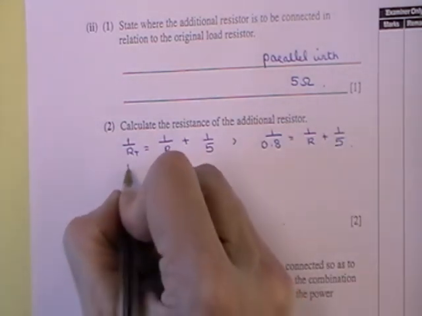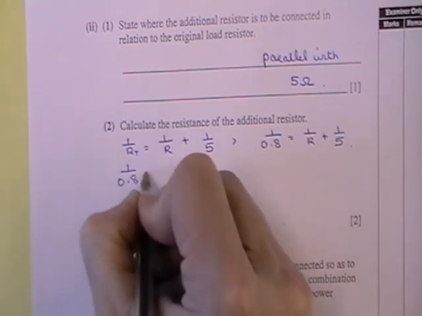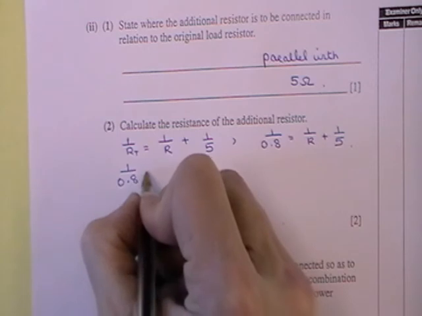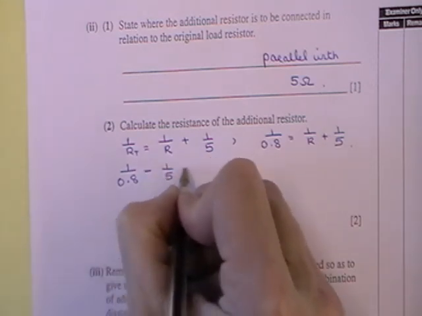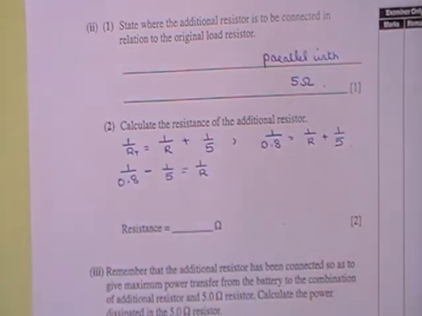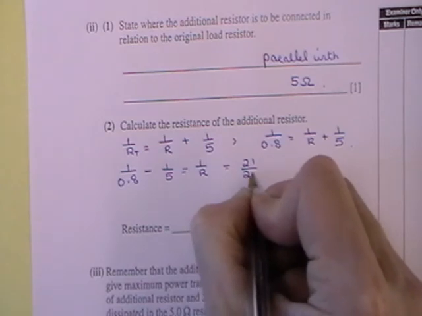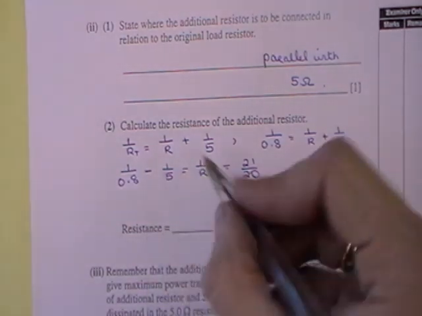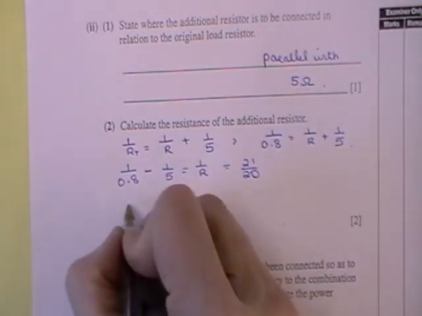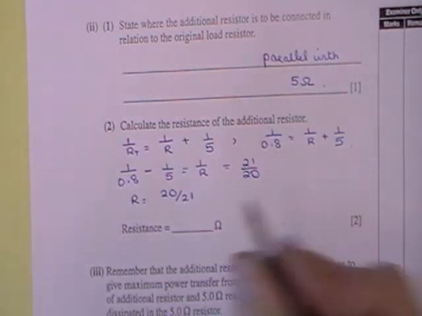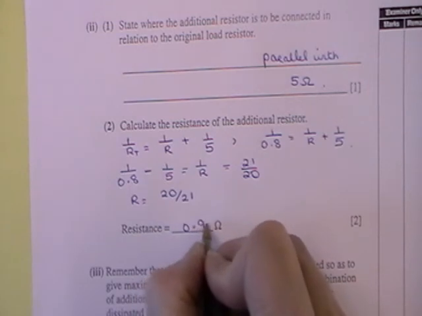So 1 over 0.8 minus 1/5 gives you 1 over R. You can do this on the calculator. 1 over R comes out to be 21 over 20. And then you have to turn it upside down, of course, and so R is equal to 20 over 21. And it comes out then as 0.95 ohms.